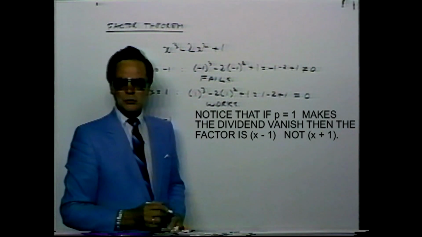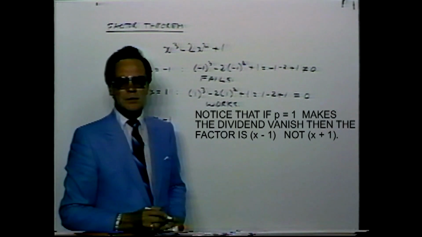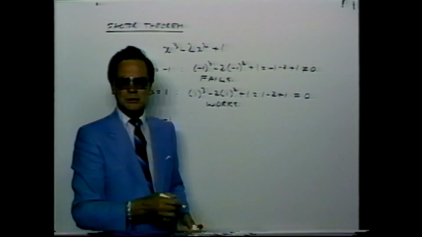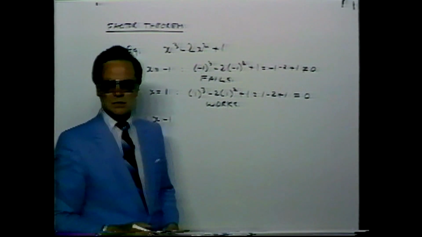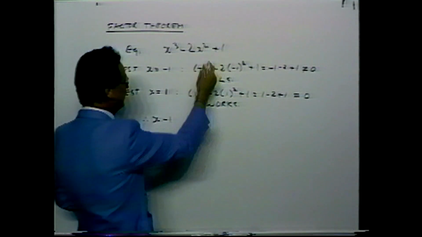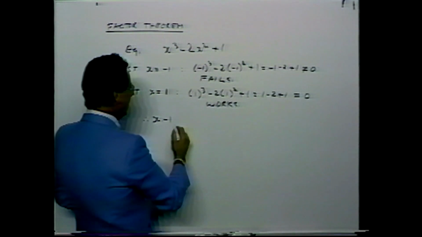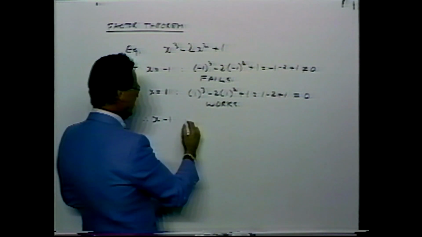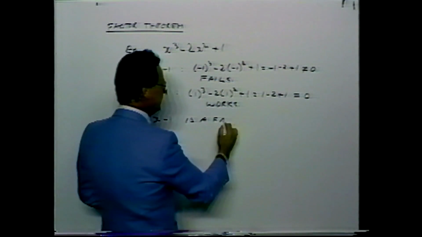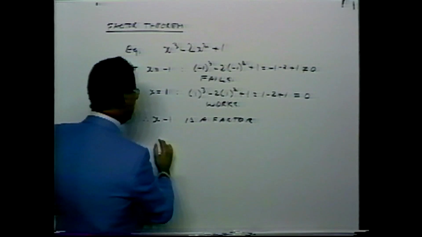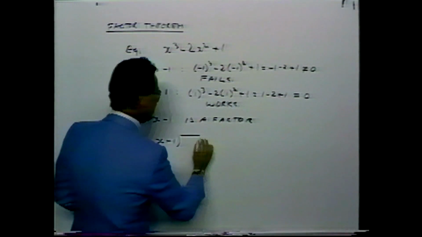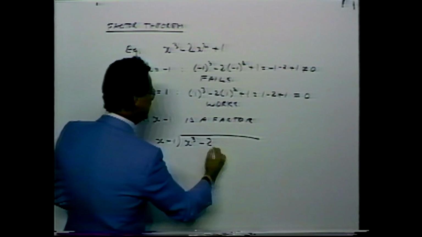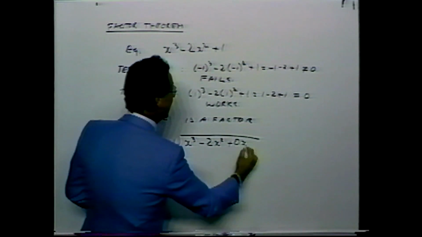We now use long division to find what the other factor is. The other factor will be the quotient when x minus 1 is divided into the given problem. So we conclude here that therefore x minus 1 is a factor, and continue by saying x minus 1 then divided into x cubed minus 2x squared plus 0x plus 1.